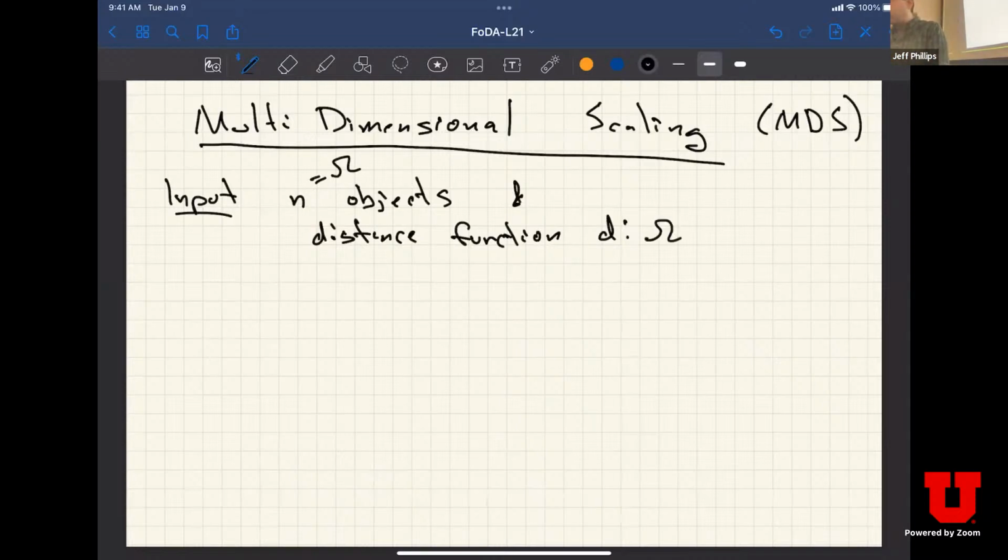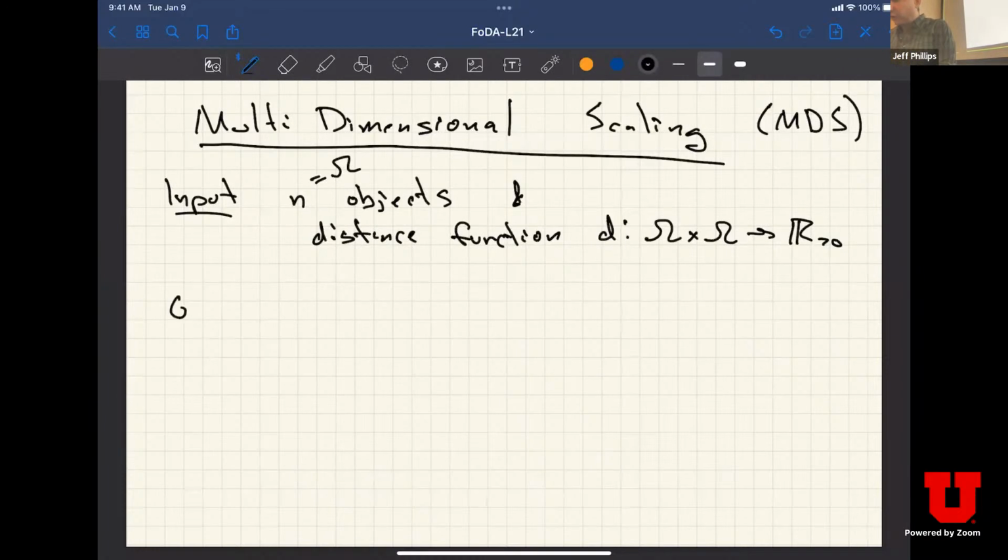And there's a distance function that's a bivariate function, so that it takes in two of these and it reports a real value, right? And you want it so that if things are more similar, the real value is small. If they're less similar, then the real value is large. Okay, and I'm given n objects, and my goal is to put them into a small dimensional space where the Euclidean distance represents them, right?